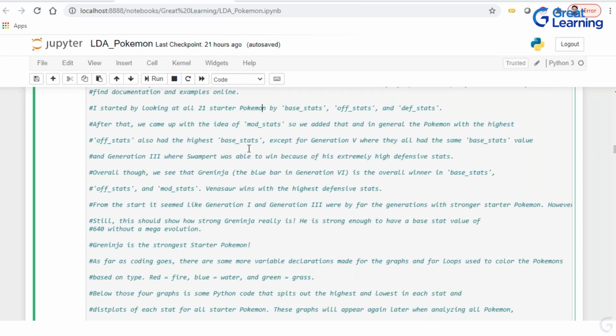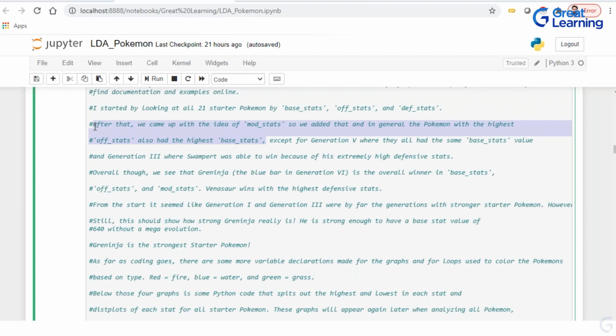And what we got, very interestingly, was, if you focus in here, except for generation 5, where they had all the same base stats value, and generation 3, where a specific Pokemon was able to win because of its extremely high defensive stats, we got the mod stats for all, which is the Pokemon with the highest off stats also had the highest base stats. We found that. So we were able to find this relationship as well.